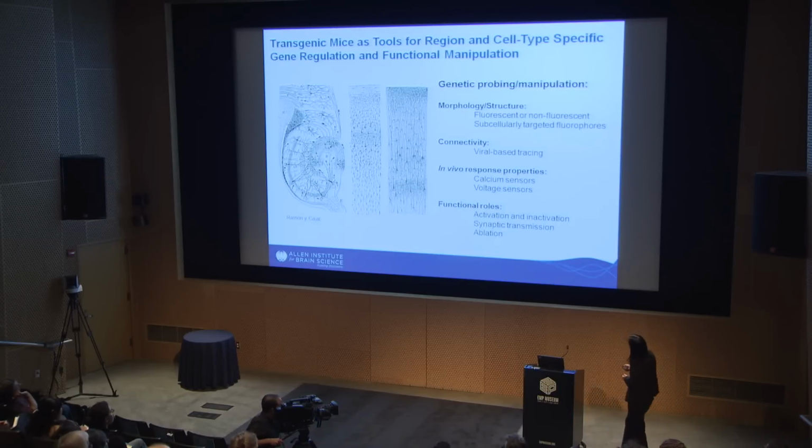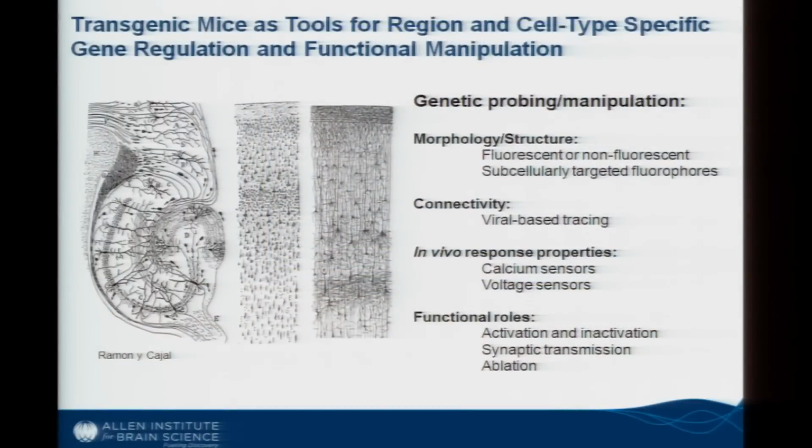So here is just really a quick summary of the kinds of different genetic manipulations you can do to the cell types and the role of cell types in circuits. You can look at the morphology and the structure of individual neurons or neuron types by fluorescent labeling, just a general fluorescent labeling or subcellularly targeted fluorescent labeling.